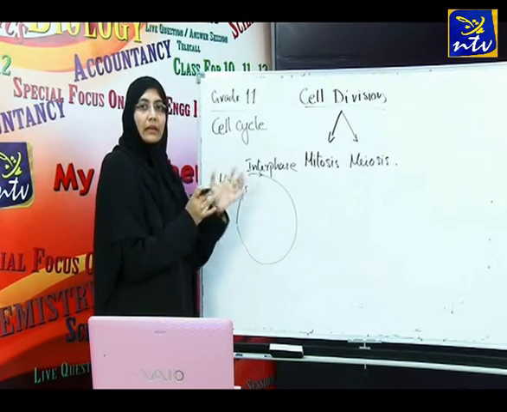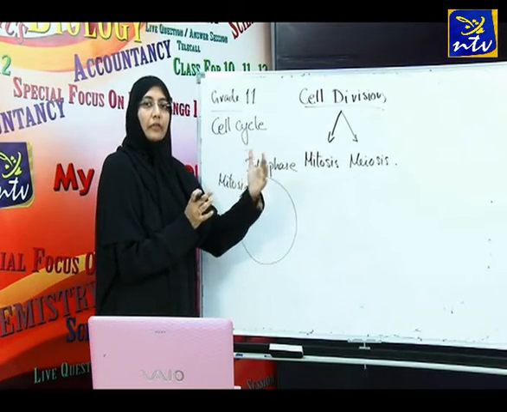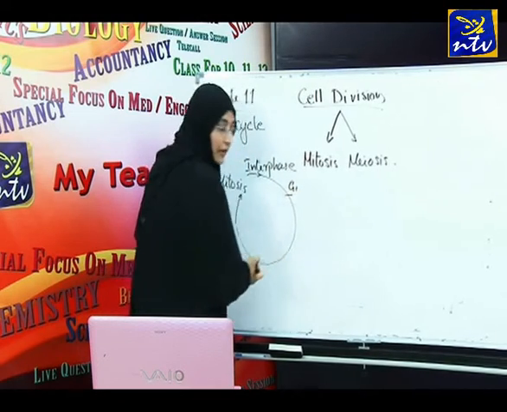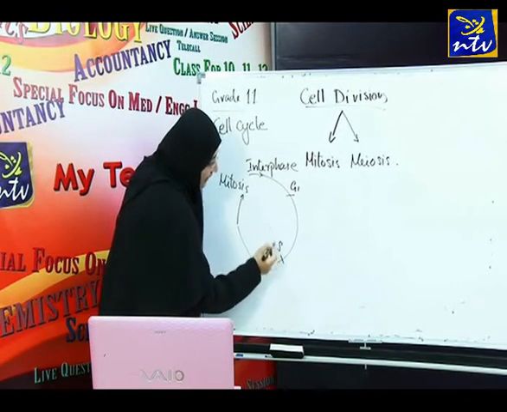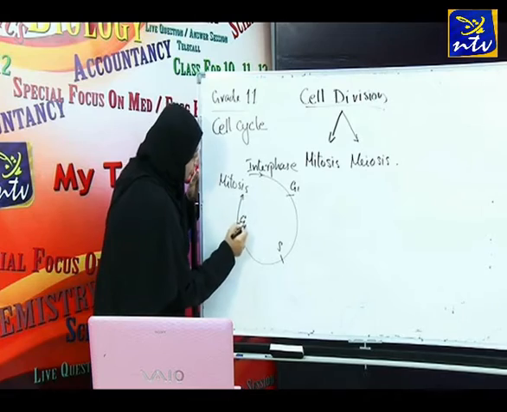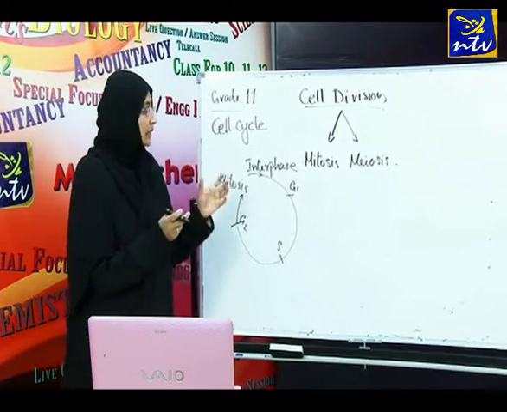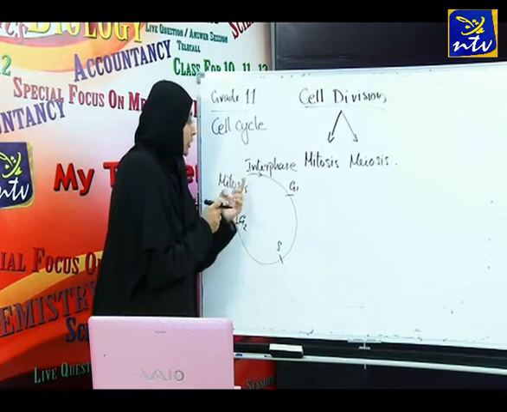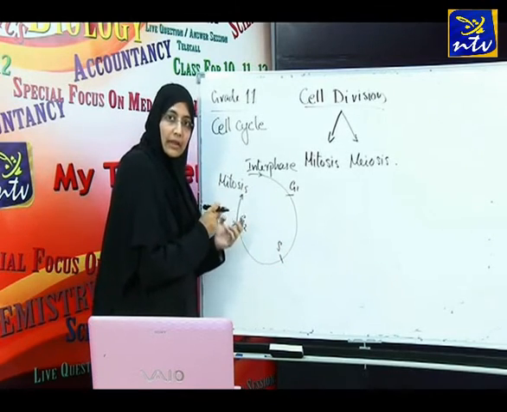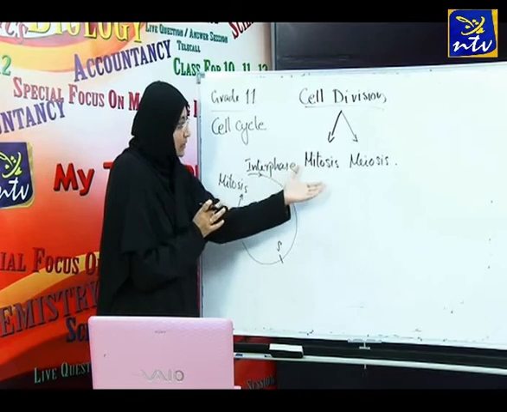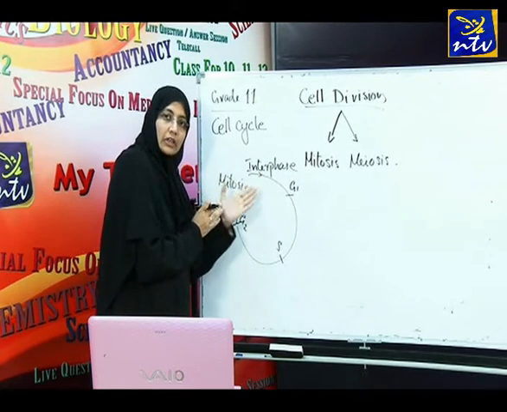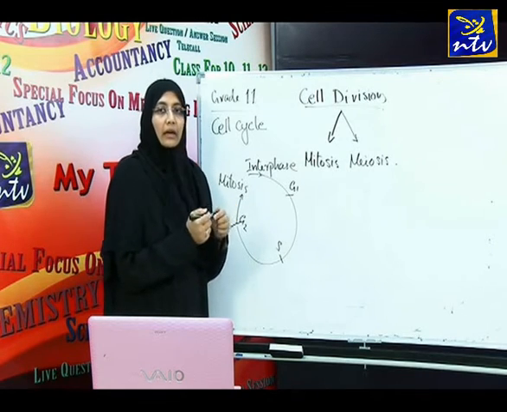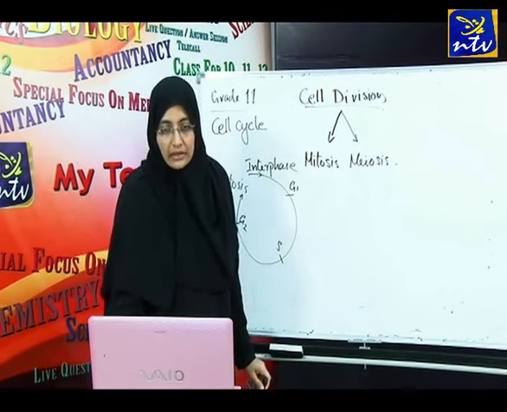Interphase is again divided into three different phases. These phases are G1 phase, then S phase and G2 phase. The cell prepares itself for the cell division during the interphase. Then the cell division starts and the various steps take place in mitotic cell division. Now, let us see the slide. I will show you the cell cycle.